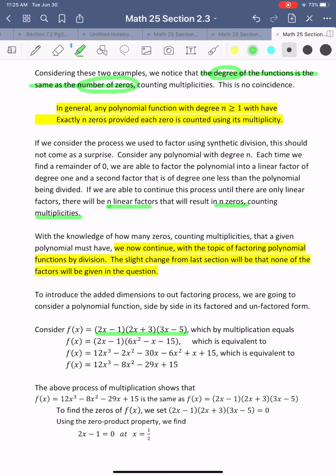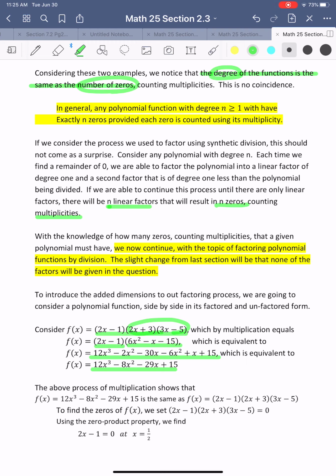And then we multiply this together to get this product, where we keep the 2x plus 1 and 2x minus 1 from the previous ones. And then you distribute the 2x to the 6x squared, negative x and negative 15, and negative 1 multiplied by 6x squared, negative x and negative 15. And then you got this product. And then we just combine like terms.